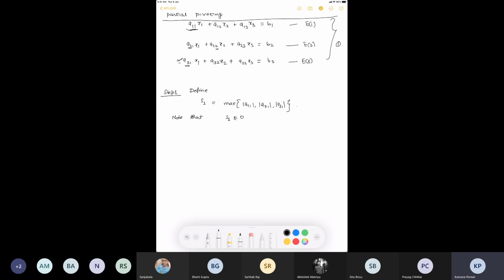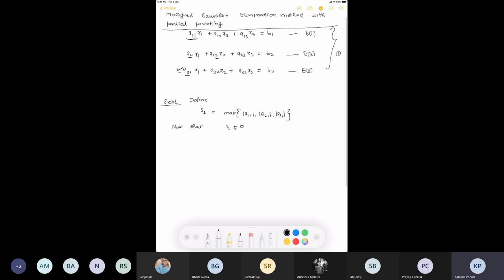That this is going to be non-zero. Do you agree with me that this S1 will be non-zero? Because you're taking the maximum of all these coefficients. If this is zero, the only possibility is that each one of them is zero. But if you have one row zero in the matrix, the matrix will not be invertible, right? So S1 has to be non-zero.